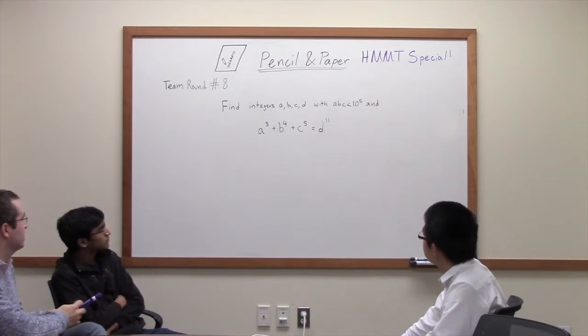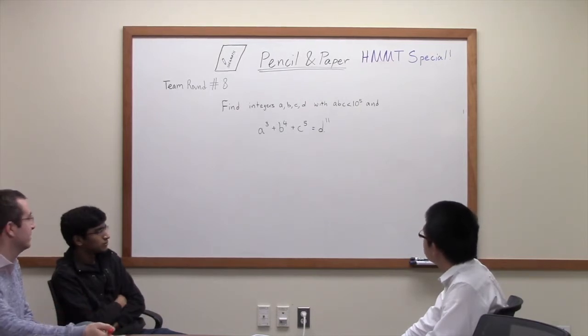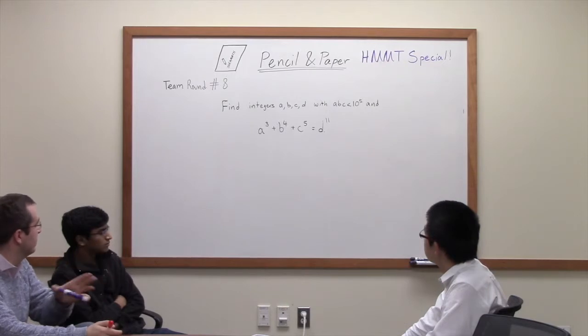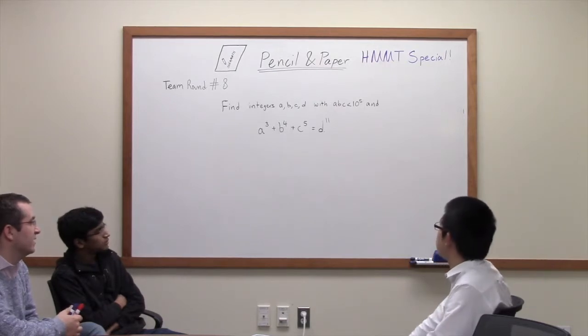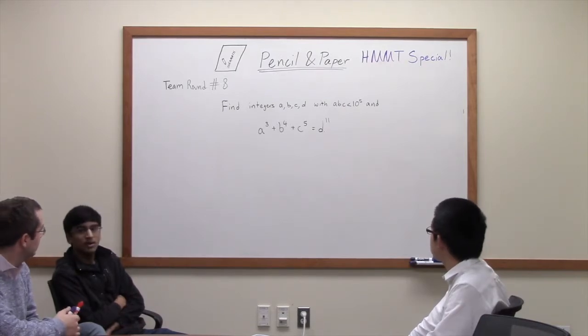Otherwise you are basically doing a computer job, trying to go through all possible cases. So a smart thing would be to say a is a power of one number, b is a power of the same number, and so forth. For example, why don't we just try powers of 2? So we can make a, b, c, and d different powers of 2.